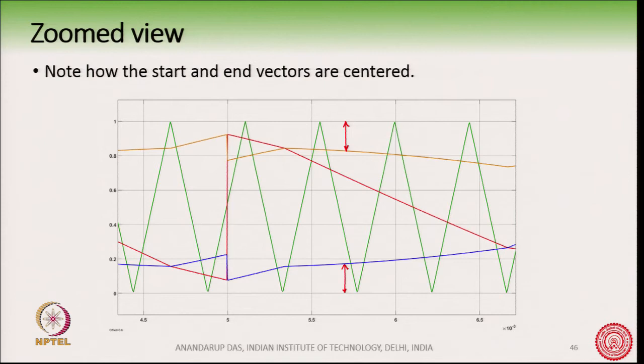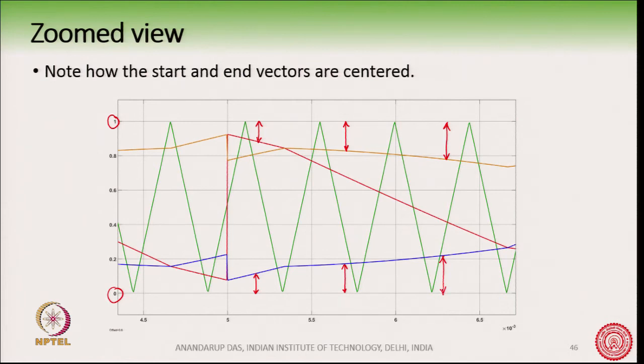The topmost waveform and the bottommost waveform, their distances from 1 and 0, will be always equal.